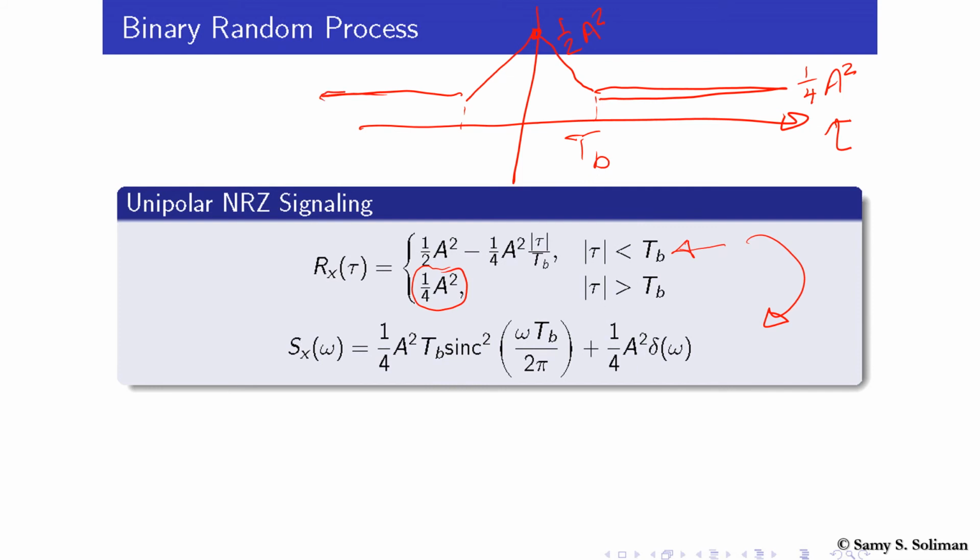You can assume that this autocorrelation is the summation of two signals: a DC signal at an amplitude of a quarter A squared, and this DC signal has a Fourier transform of a delta function, so it is 1 over 4 A squared delta of omega. And the other function is the triangular function, which as before has a Fourier transform of sinc squared, as represented here.